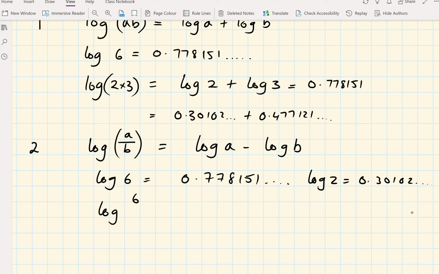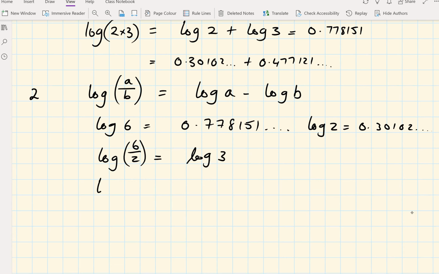So the log of 6 over 2 is simply going to be the log of 3. Now, the log of 6 over 2 I could write as log of 6 minus log of 2.